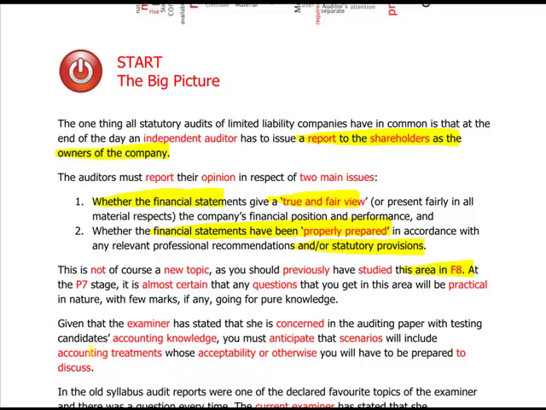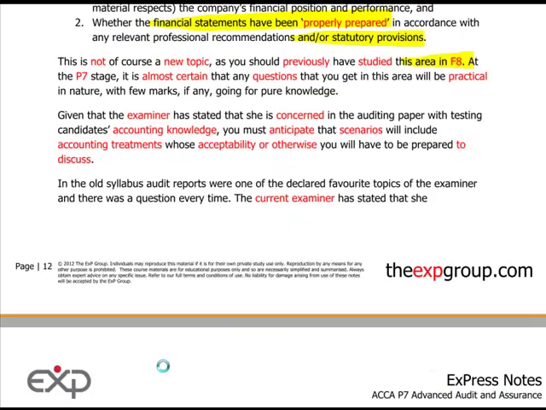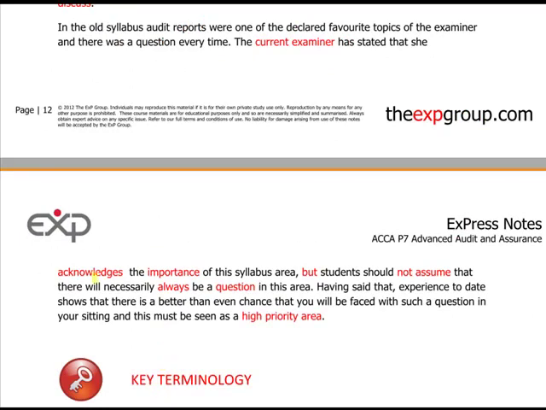So it is important that you do understand accounting standards and your other papers. I guess if you can't do accounting standards, then how can you do the auditing side of it? So your knowledge in that area is important.